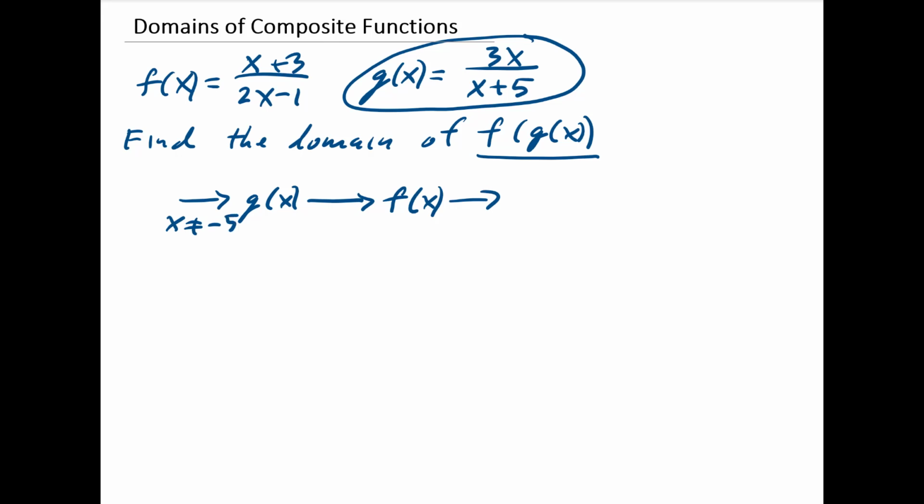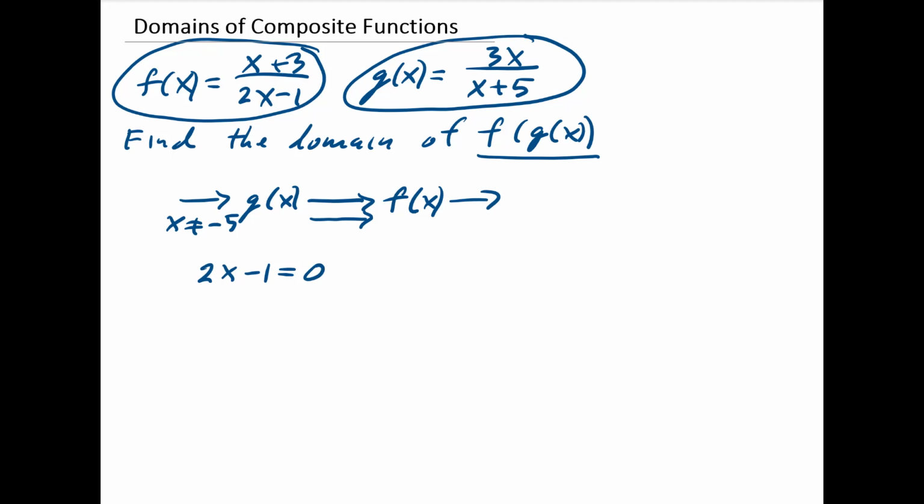We could plug any other number into g. But whatever comes out of g goes into the function f. And what's the restriction on f? What number can we not plug into f without dividing by 0? Well, look at the function f. To find its domain, we set the denominator equal to 0 to find out what number is going to cause us to divide by 0.